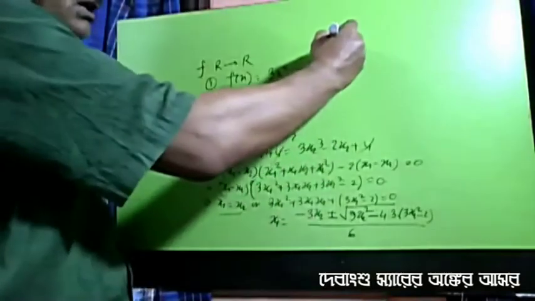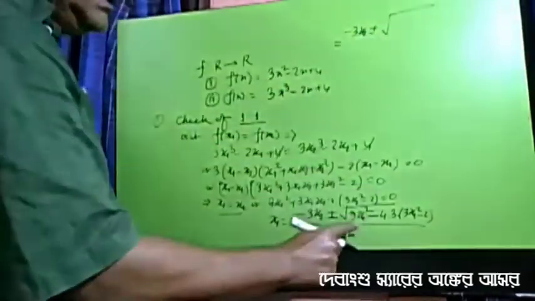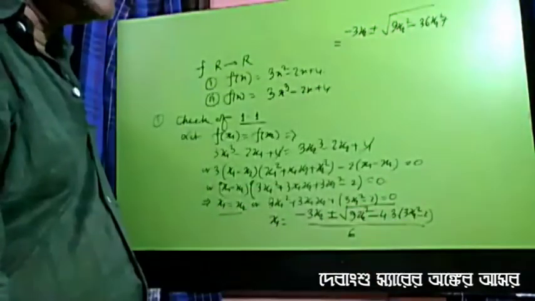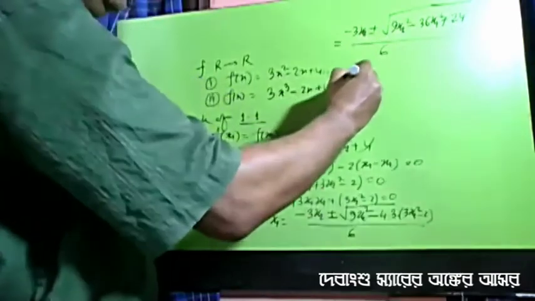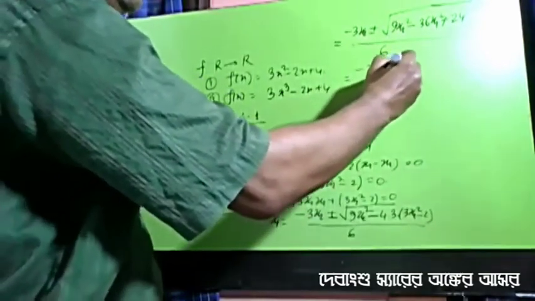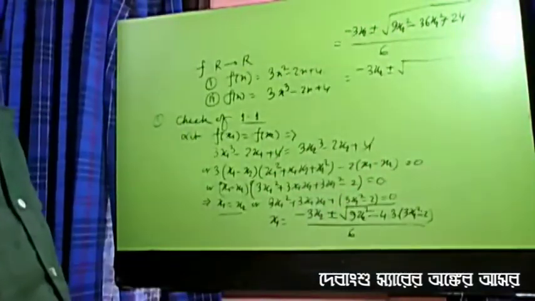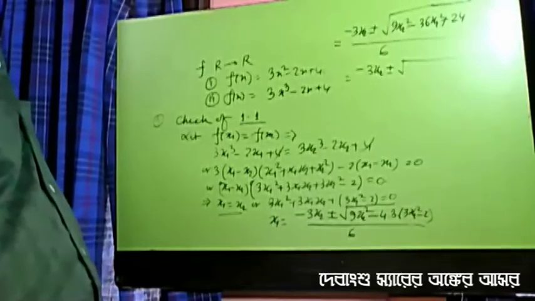Now this is equal to minus 3x2 plus minus root over 9x2 square minus 36x2 square plus 24, by 6, is equal to minus 3x2 plus minus root over, just check, 3x2 square.